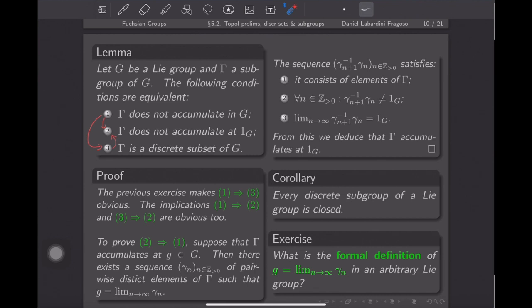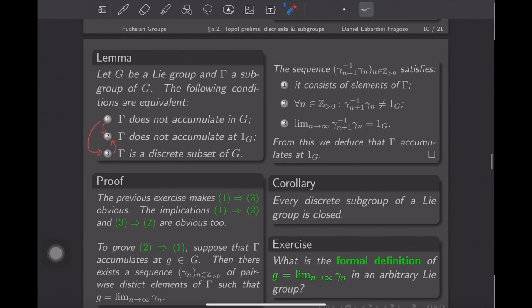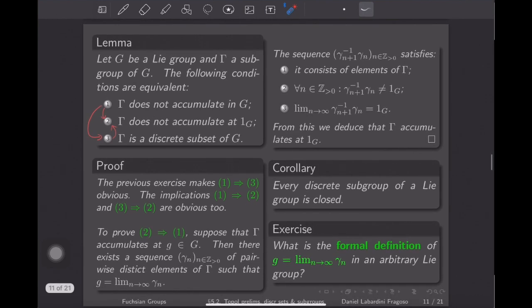Yeah, so to close the chain, I need only 2 implies 1. For that, assume that it does accumulate in G. What I'm going to do is take a sequence of elements of gamma that accumulates in G, and manipulate it to produce a sequence of elements of gamma that accumulates actually at the identity, right?